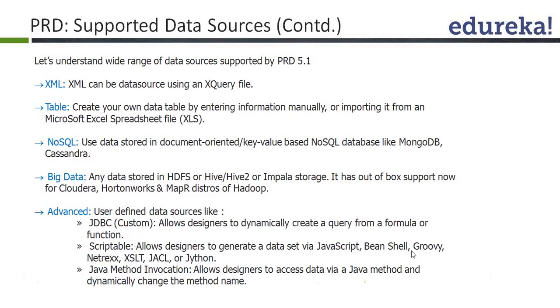These are different scripts, and using that you can generate some custom data set, and that can also be fed as a possible data source. Then using JMI, Java method invocation, you can allow the designer to access data via a Java method. This is basically using a very flexible feature of PRD and dynamically changing the method name. So it is through API support that you can achieve this Java method invocation.